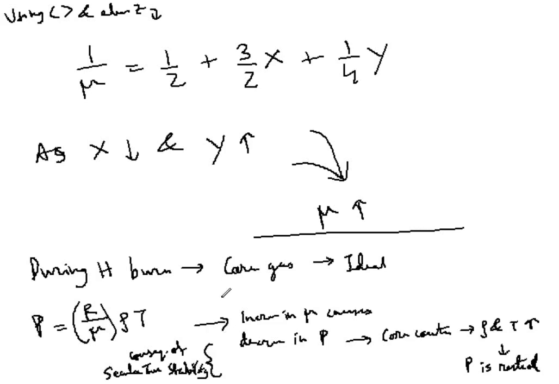Okay. Now the increase in density and temperature also causes an increase in the nuclear energy generation rate or nuclear burning rate, which causes an increase in the luminosity. Now, do you remember how the nuclear burning rates were?